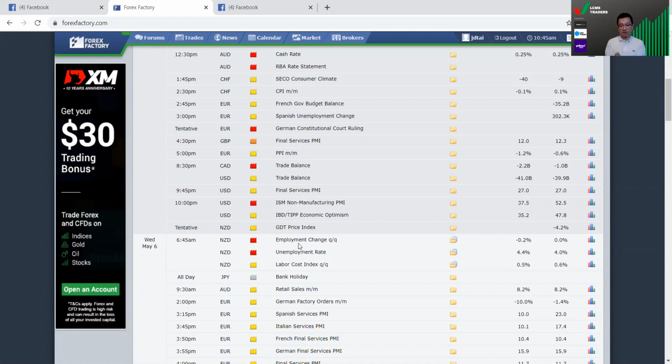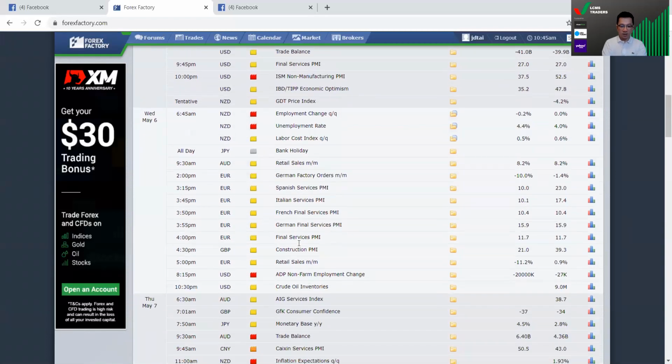Unemployment rate is expected to go from 4 to 4.4. So again, a little bit of a worse number there. Because of these two possibly worse numbers, and also because of the rate statement coming from Australia on Tuesday, I see a possible downward move in both the New Zealand and the Australian dollar, right? So we could see that moving down on Tuesdays and Wednesdays.